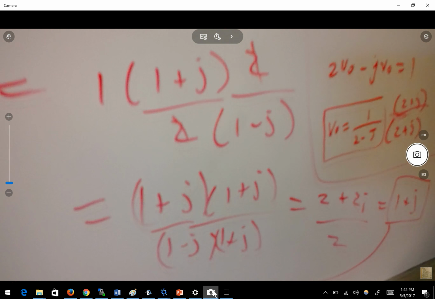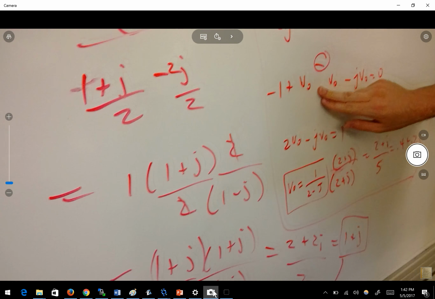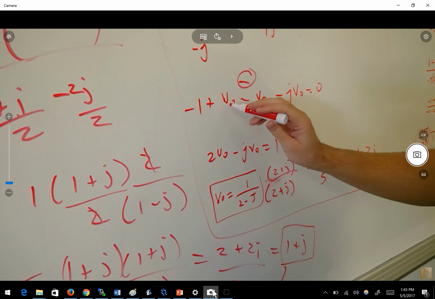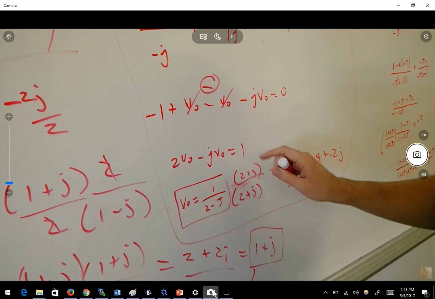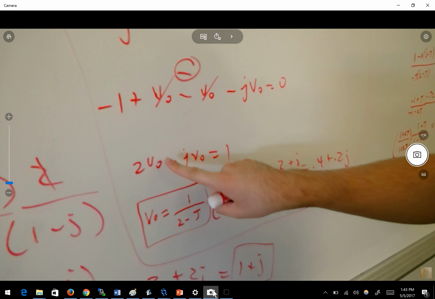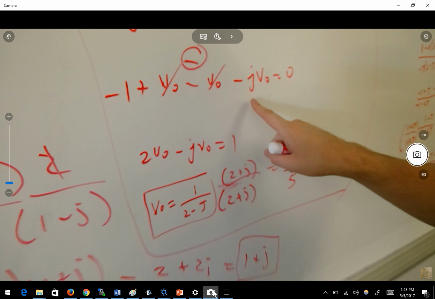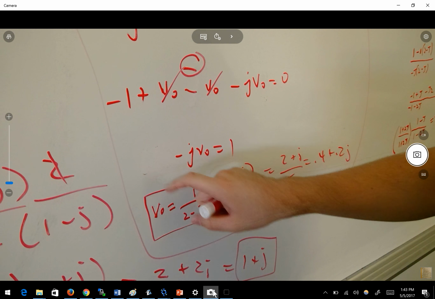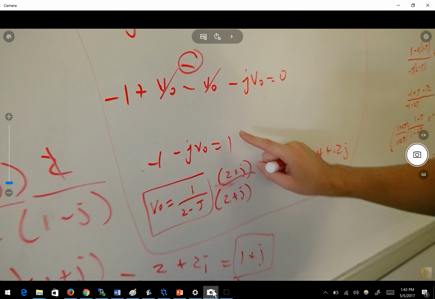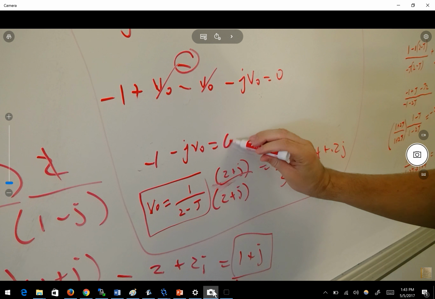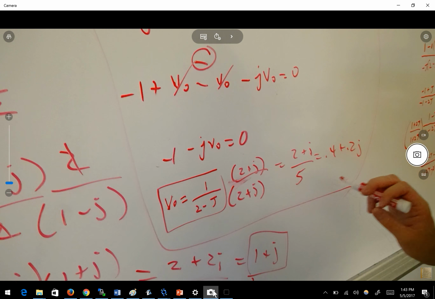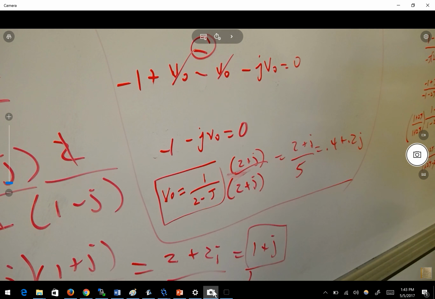Okay. So assuming VO is 1 plus J, we'd then still have to find I. So this would actually cancel these two out. Oh, there you go. So then we would have minus 1 minus JVO equals 0, or 1 plus JVO equals 0? I mean, that doesn't seem right either. That's a different answer.